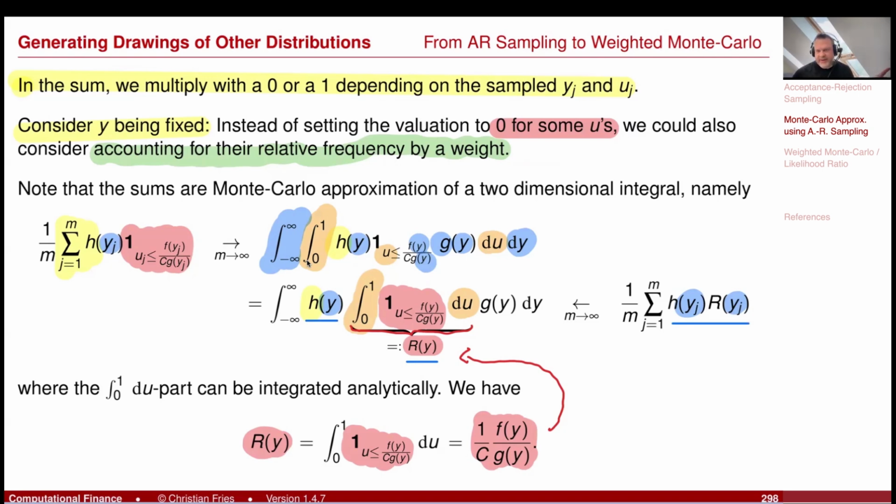Of course, the two sums are not the same, because what had happened is that I have moved to the integral, so I have actually m went to infinity, and then I have integrated over the u. But the two sums approximate the same value. And this here looks a lot more efficient, since we use all random numbers that we have generated. It does not happen that we throw away a few random numbers.